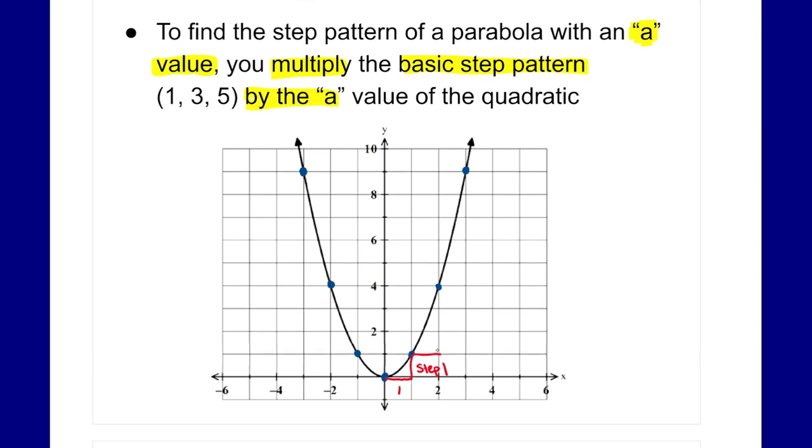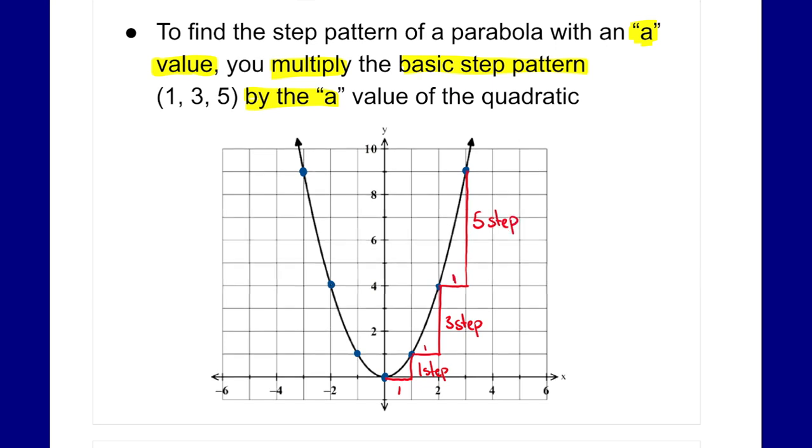We go over 1 again, and then we go up 3. So 3 steps. And then we go over 1 again, and now we go up 5. 1, 3, 5, so 5 steps.